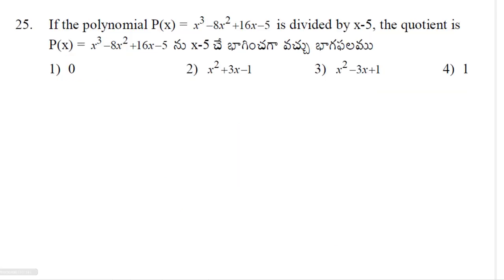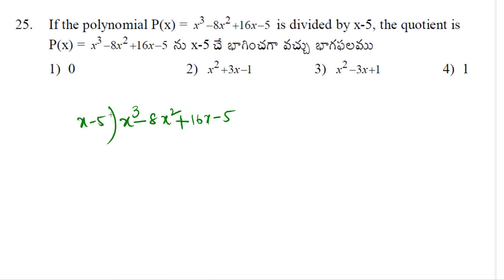If the polynomial p of x equal to given polynomial is divided by x minus 5, the quotient is, we need to divide the given polynomial by x minus 5, then we need to find out the quotient. Let us divide. Given polynomial is x cube minus 8x square plus 16x minus 5. Now divide this with x minus 5.